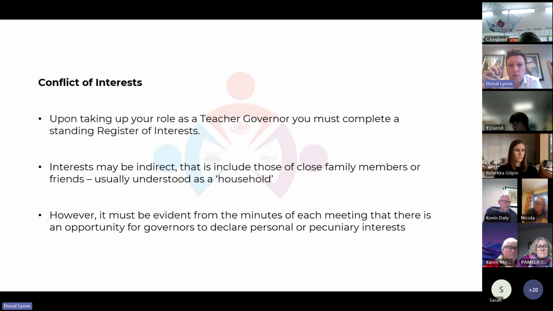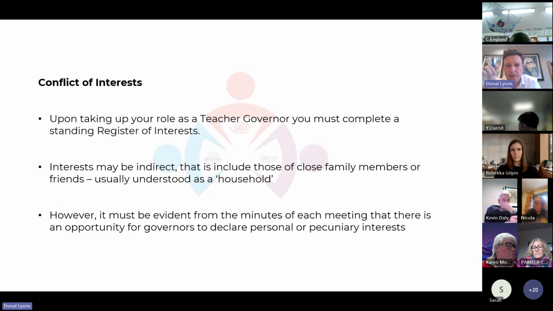But it also does extend to indirect measures. So if you're a partner or your child or your parent or somebody you live with and have lived with in a long-standing arrangement, has an interest in an area that may come into play as well, they too need to be put on the register of interest.